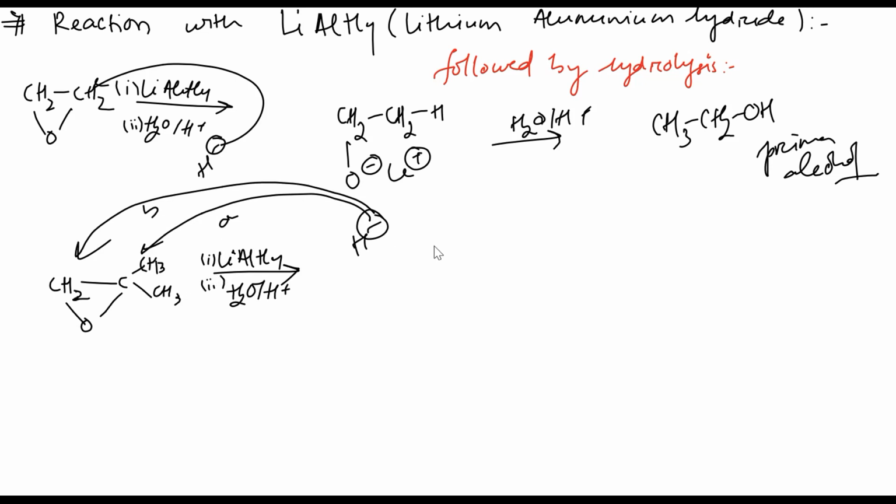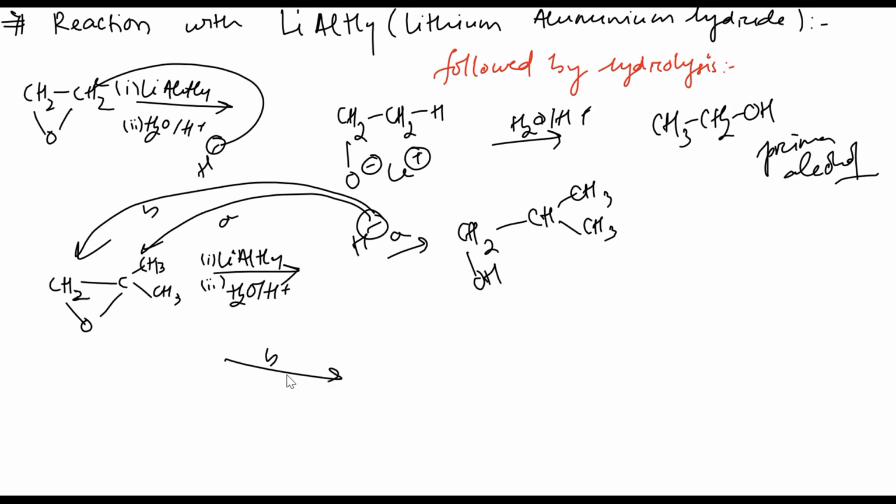But if this proceeds through B, there will be formation of CH3 single bond COH CH3 and CH3. Now the question is, which one is the major product?